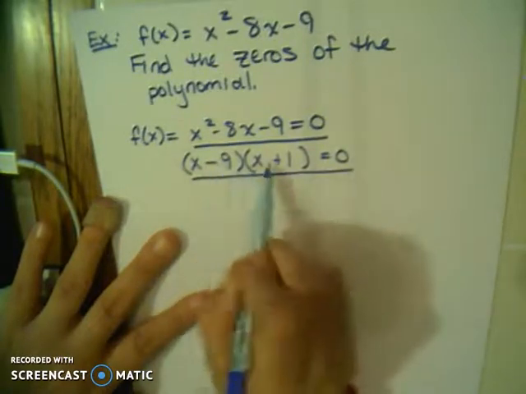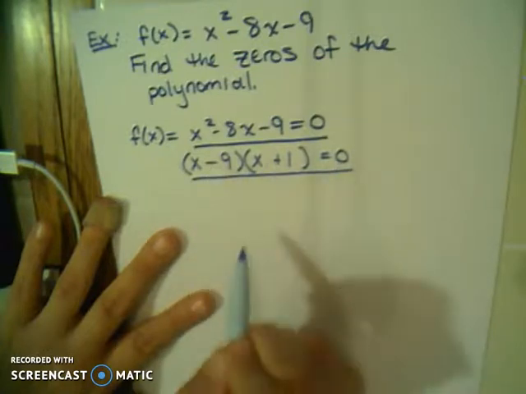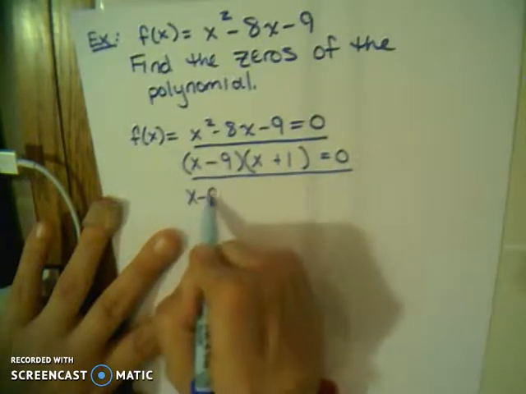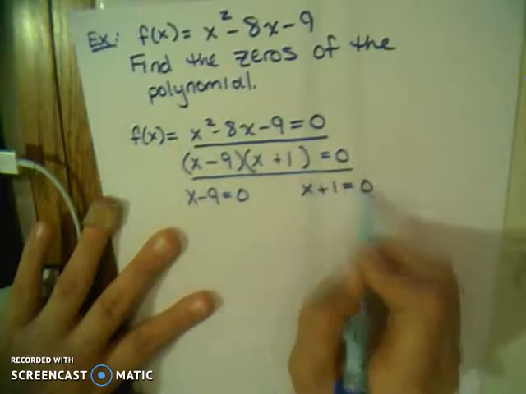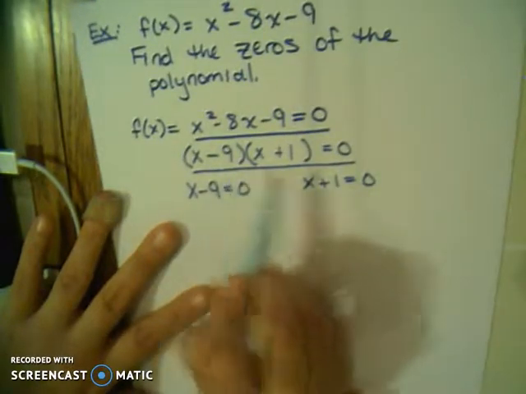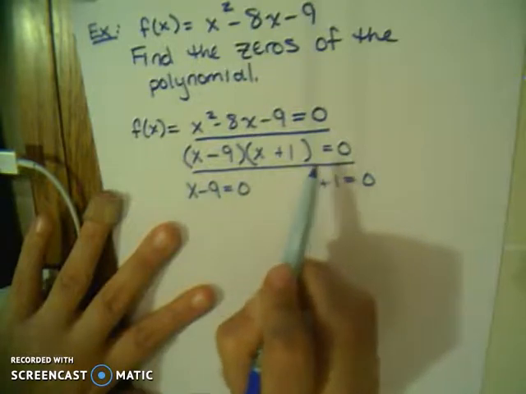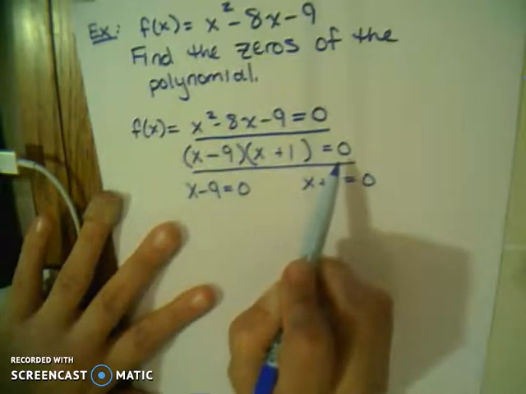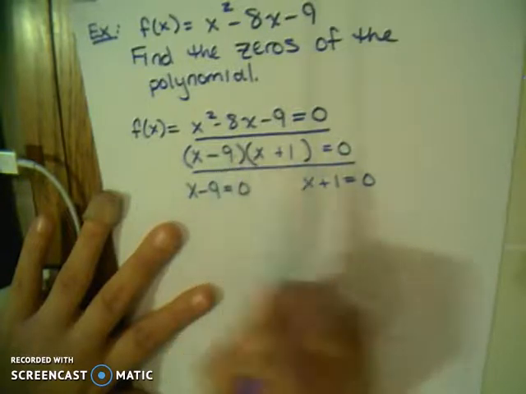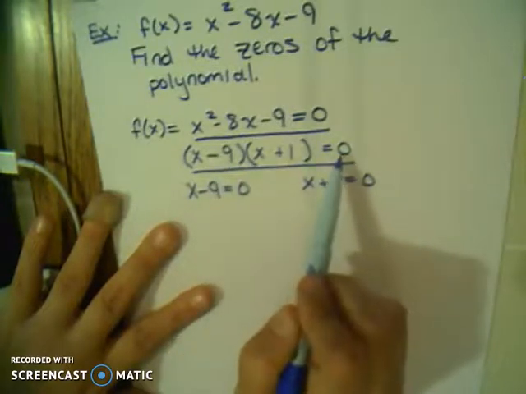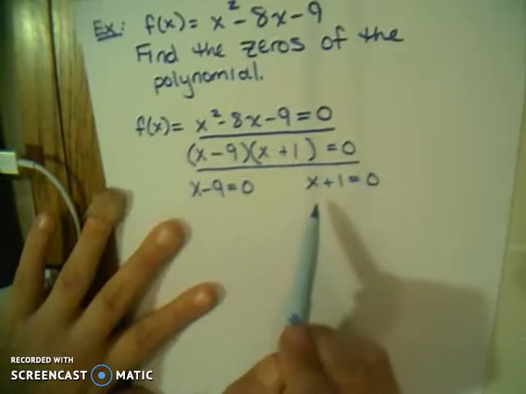Now it says these two numbers multiply to equal 0. That means one of them must equal 0. So I can now separate it. And this is only true when you have it equal to 0. If it equals anything else, you can't separate it. It's not true to say, well, if two numbers multiply to equal 8, that means one of them must be 8.